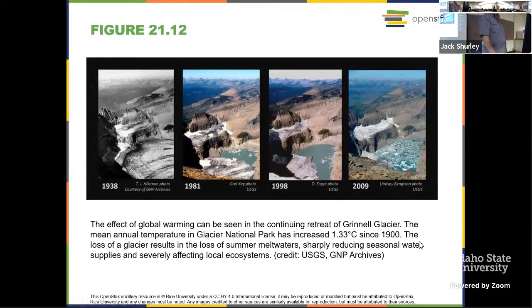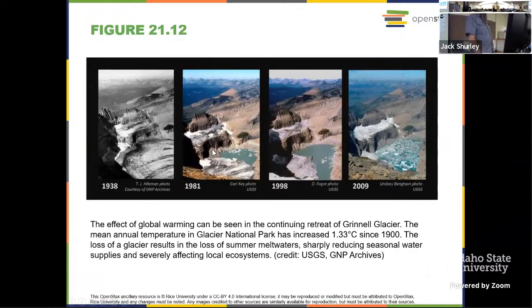It's all hopefully about the same viewpoint. You could see massive amounts of glacier, and although it's black and white, it's a huge ice sheet, part of the glacier. And this is in Glacier National Park, Grinnell Glacier.